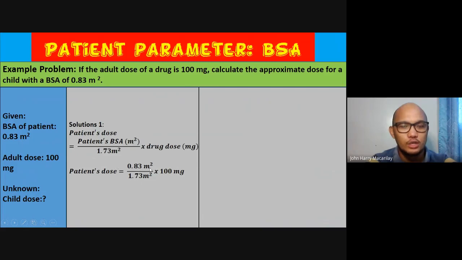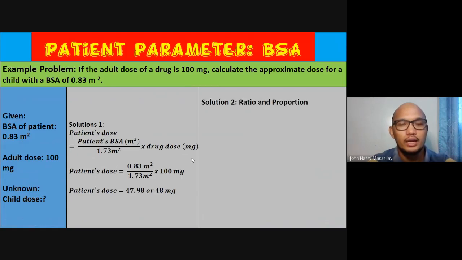So 0.83 meters squared times 100 milligrams over 1.73 meters squared. The adjusted dose for this patient is 47.98, or rounded off to the nearest whole number, 48 milligrams. Cancel the unit of meters squared, and what's left is just the milligram.